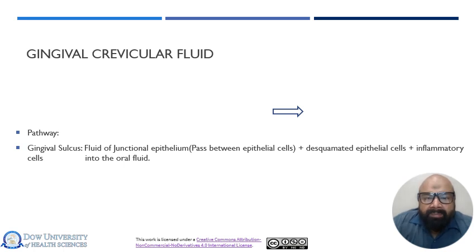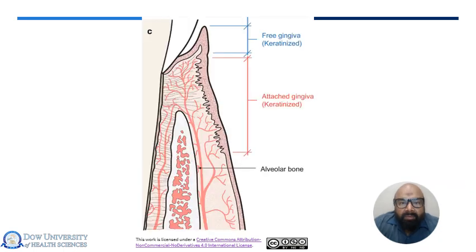So it helps us identify if there is a lot of inflammation, then there will be more of this gingival crevicular fluid. So this is the area where the gingival crevicular fluid is usually present.